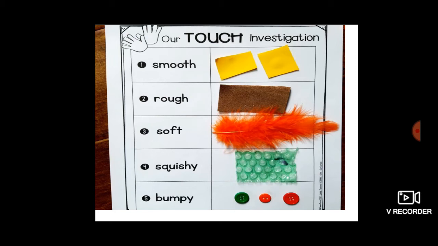The first one, I need you to get these things in front of you. If you have these things at home, prepare them in front of you and complete with me. I will give you a few seconds to prepare it and you can pause the video, then come back.